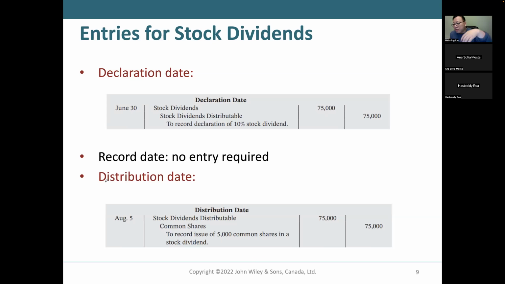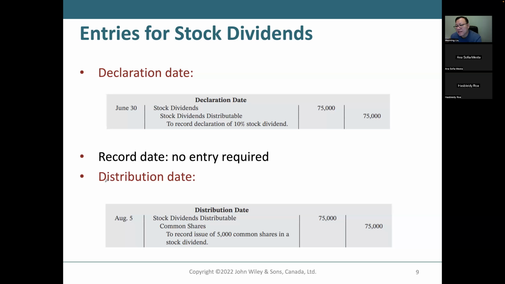So you record a liability called stock dividend distributable. It's not like you pay cash, you distribute stocks, so we use the account name stock dividend distributable. You debit stock dividend and credit stock dividend distributable.